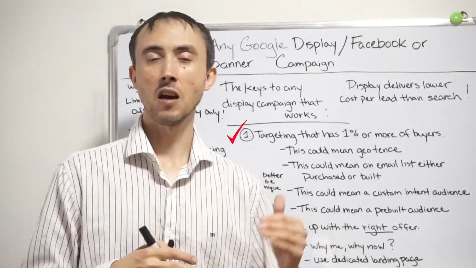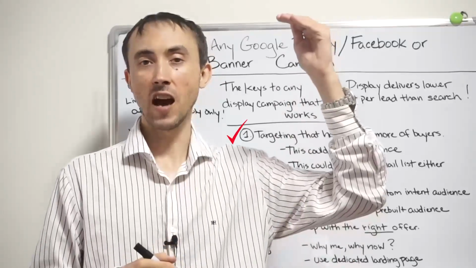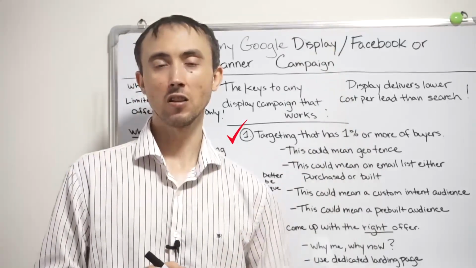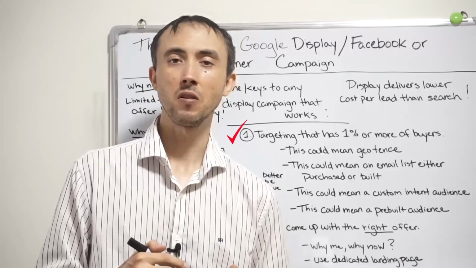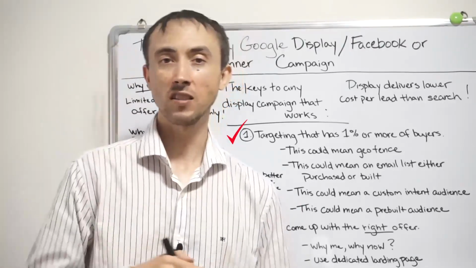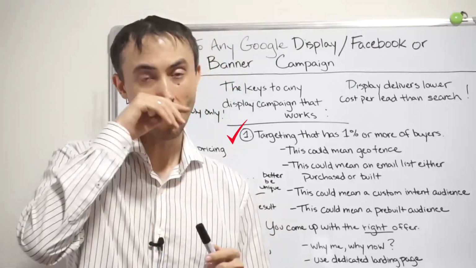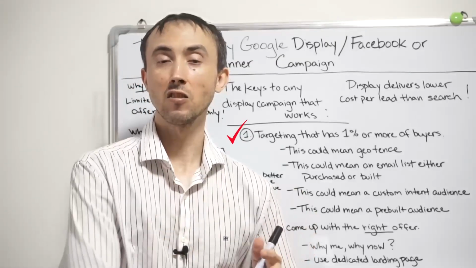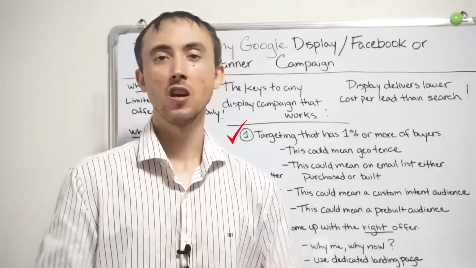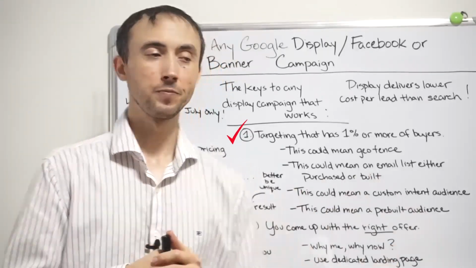That all comes down to the higher the click-through rate on your ads, the lower the cost per click, and the lower the cost per click for the same people, the higher your campaign ROI is going to be. So you need a click-through rate over a certain threshold just to be in the game of making money.